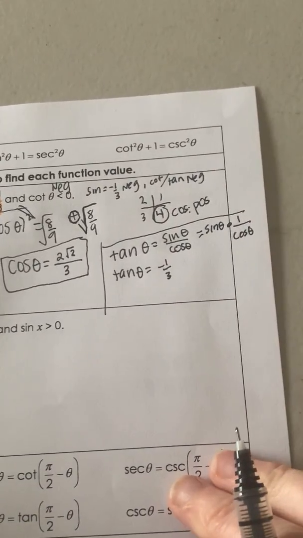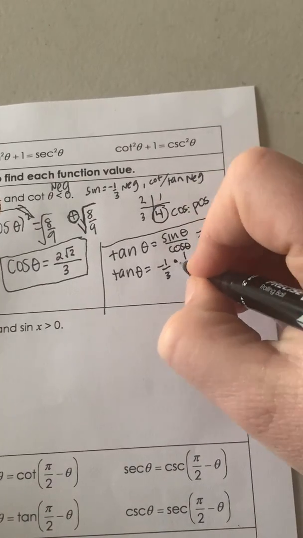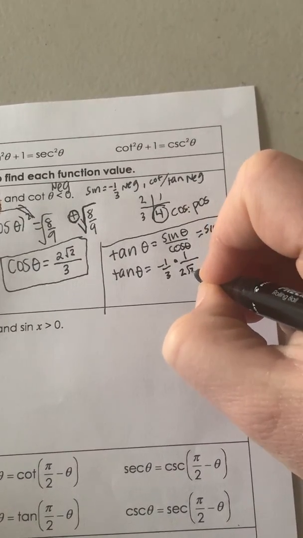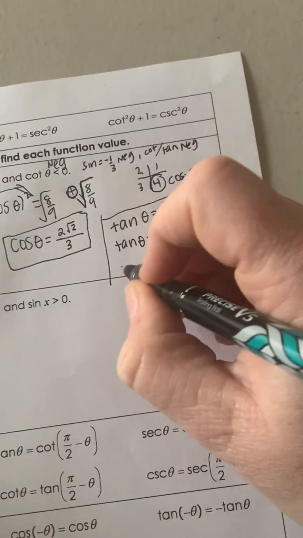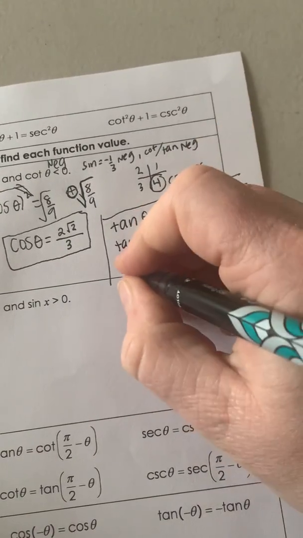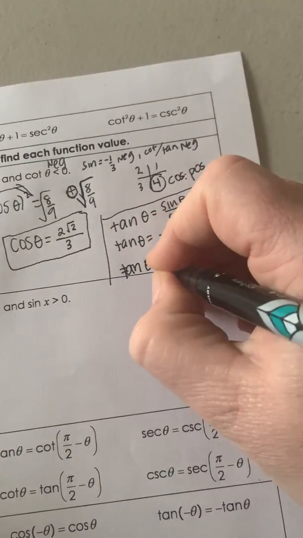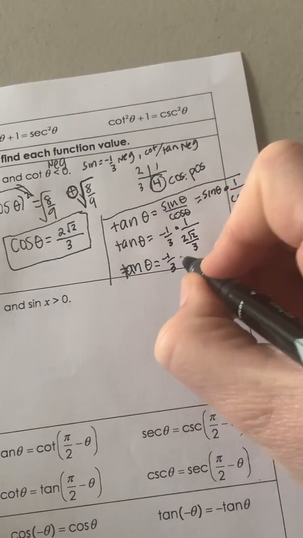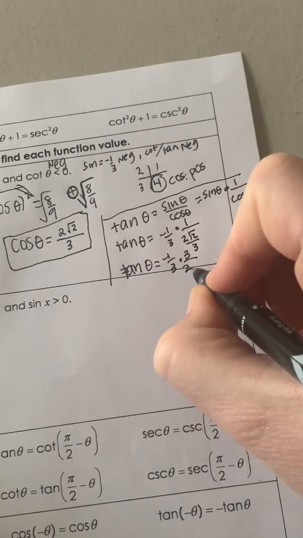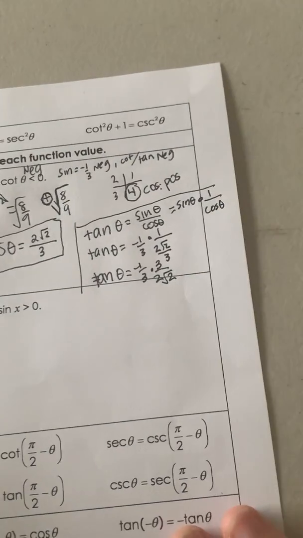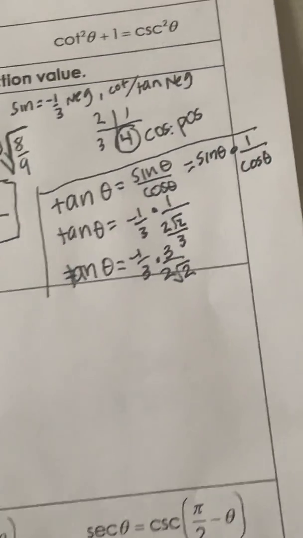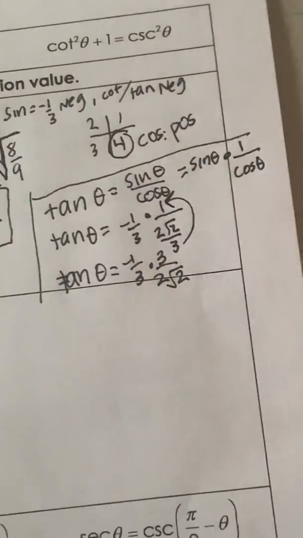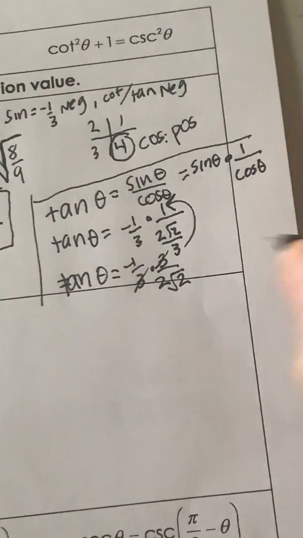So this will be -1/3 times 1/(2√2/3). So tan theta really equals -1/3 times 3/(2√2). If I bring the 3 up here, the 3's will cancel.